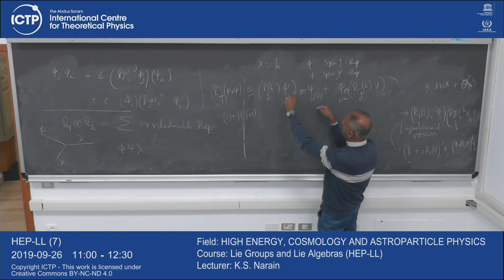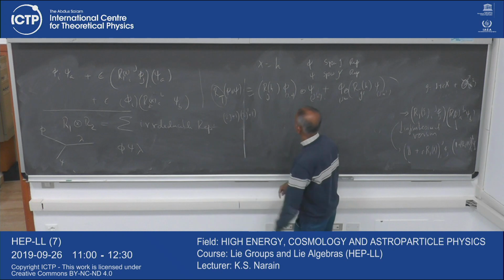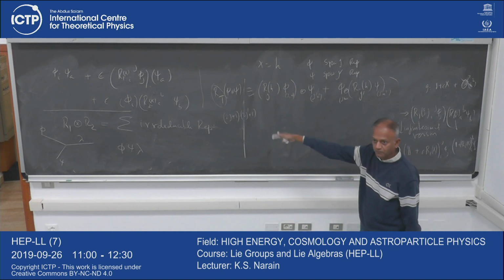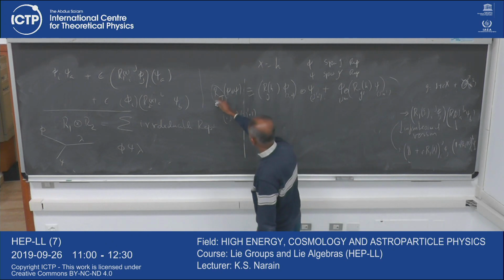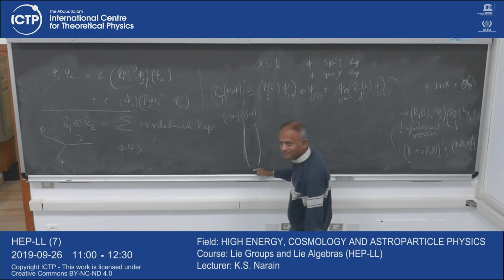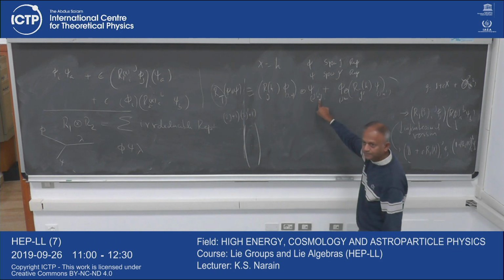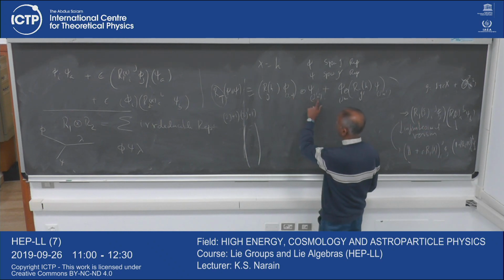When you consider all these m and m prime, you get the basis for the full space. This R(H) is going to act on a column vector which has this many elements, parameterized by m and m prime. So let's just pick one of them, labeled by m and m prime.